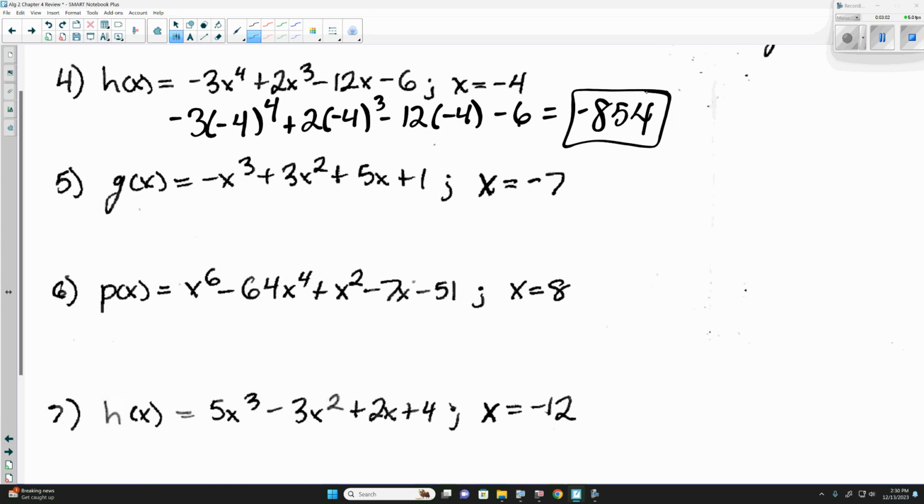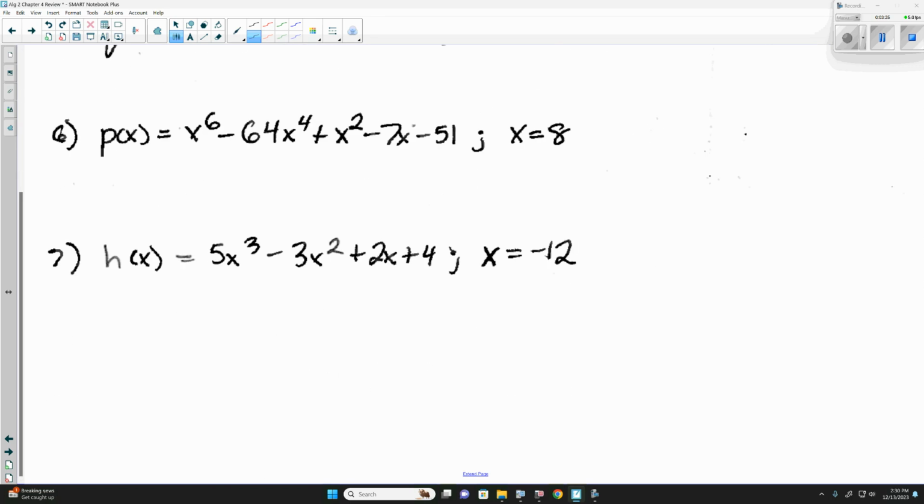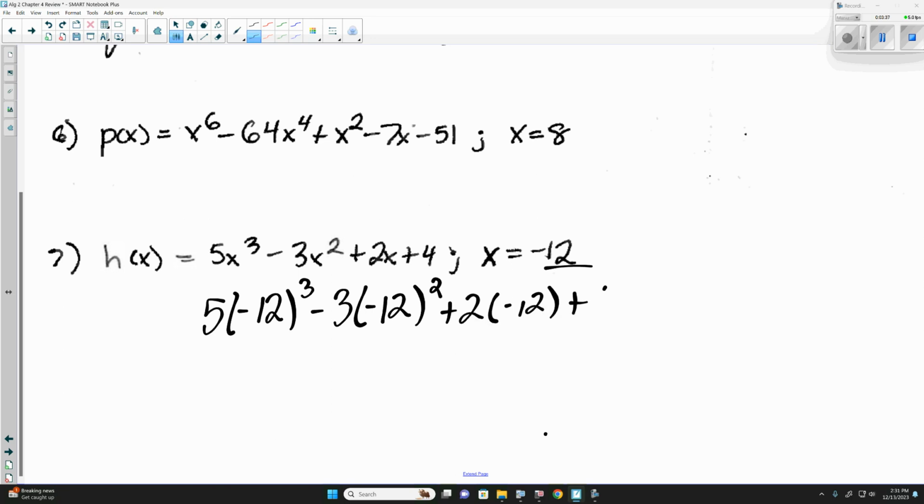Is there another one of these that we want to see? We'll do one more. So which one do you want to see? So for 7, we're replacing all the values with negative 12. So we'd have 5 times negative 12 cubed minus 3 times negative 12 squared plus 2 times negative 12 plus 4.